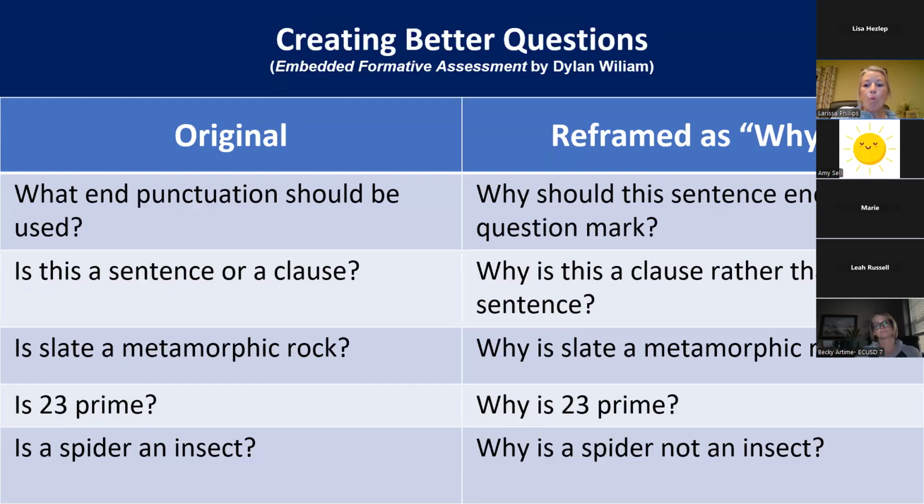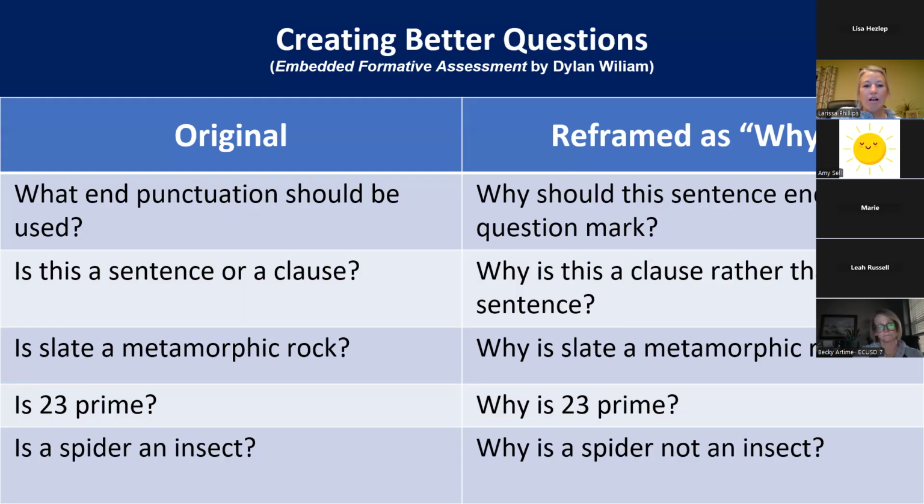Similarly, asking, why did the author choose this word, helps students analyze craft and structure rather than merely defining a vocabulary word. These questions also foster metacognition. We get students thinking about their thinking and making their reasoning visible, which is something we don't always see when we're asking those simple recall questions.